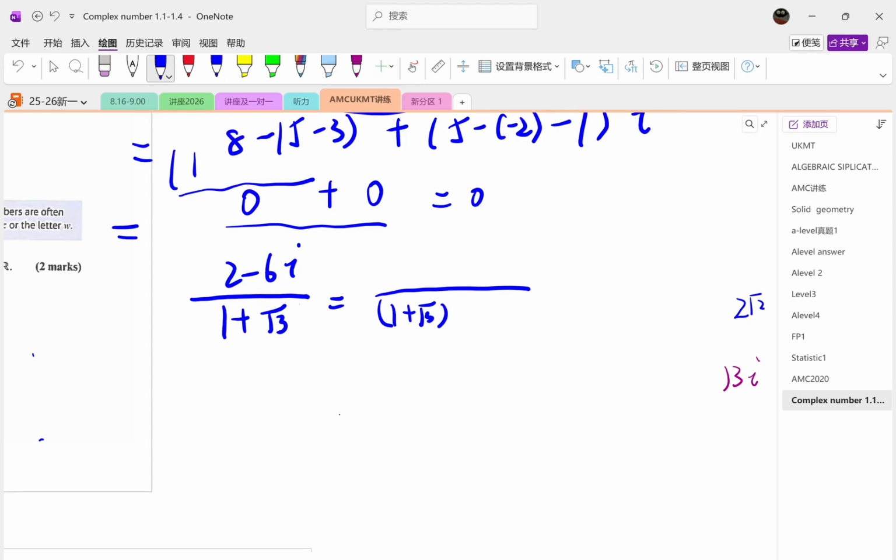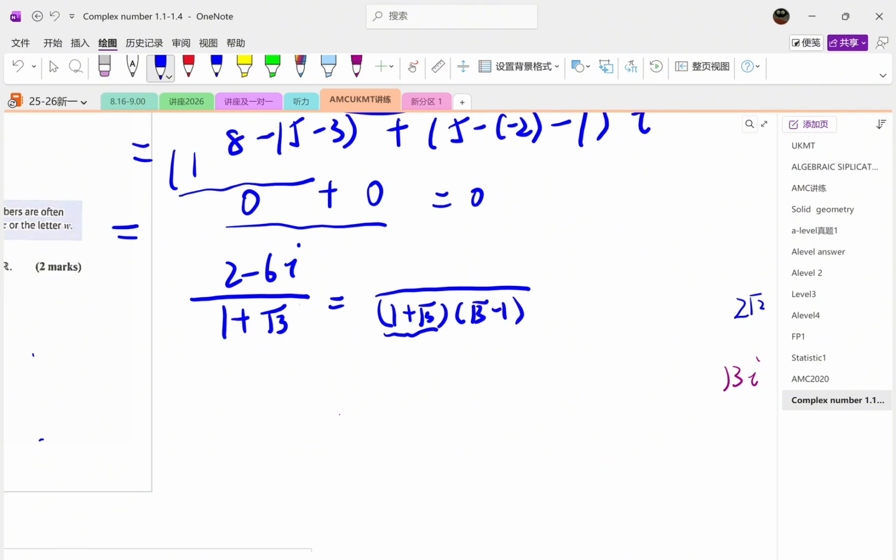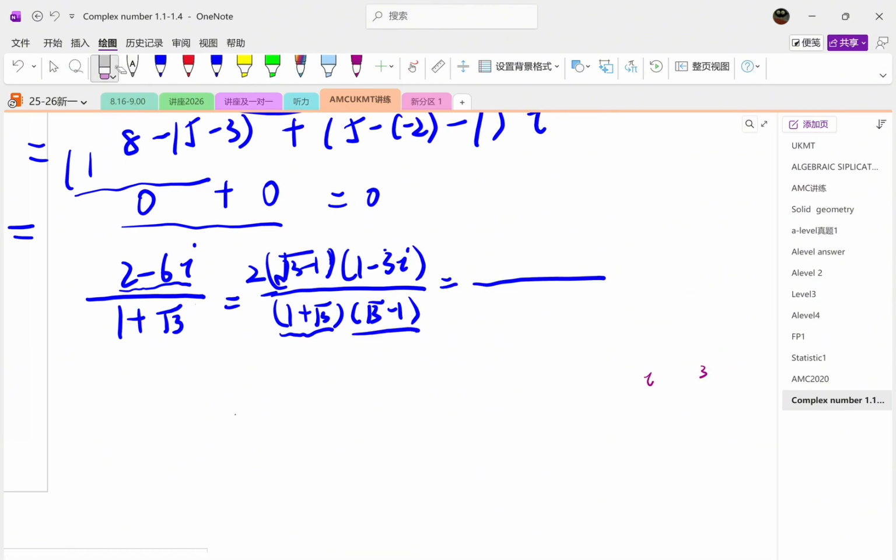Both the denominator and the numerator are multiplied by the conjugate, which is the root of 3 minus 1. And we extract the 2 out. 1 minus 3i. The denominator is 2.